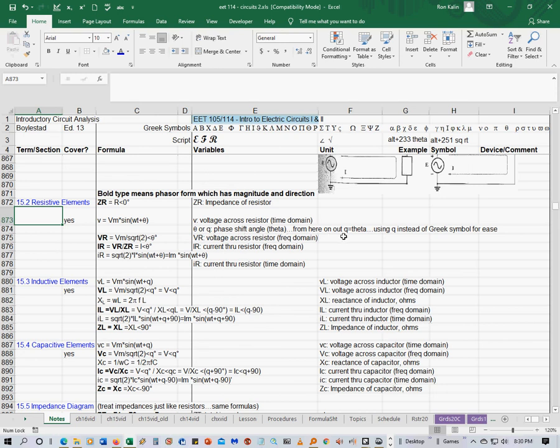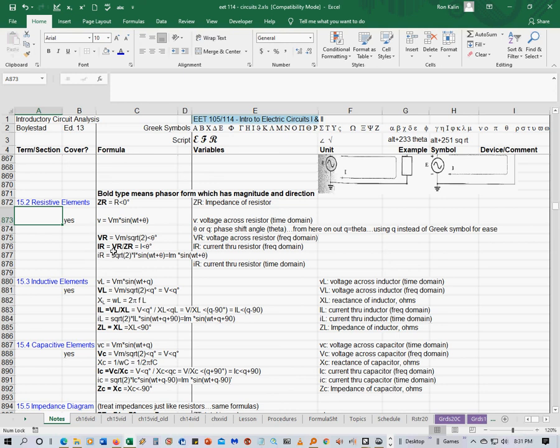From here on out, so Q equals theta equals this symbol right here. So VR, the voltage across the resistor in the frequency domain, which would be the phasor, is Vm, this amplitude, divided by the square root of 2 with a phase angle of theta in degrees.